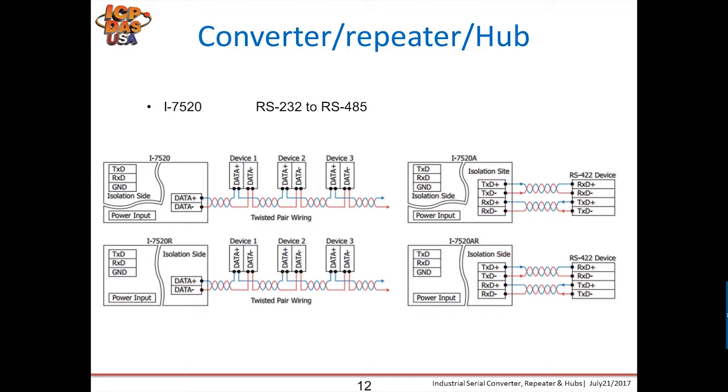It includes automatic RS-485 direction control, ESD protection for the serial data line, wide range of power input from 10 to 30 volt DC, DIN rail mounting, 3000 volt DC isolation protection on the RS-485 side. Transmission speed can be up to 115200 bit per second.